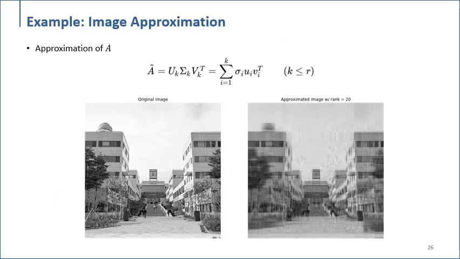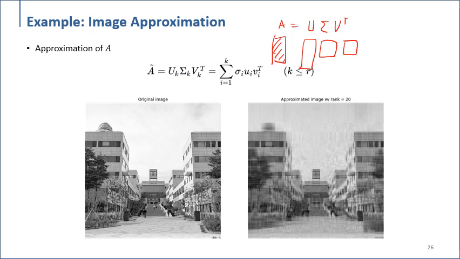Let me rewrite the mathematical way of low-rank approximation, or dimensional reduction, using singular value decomposition. As we learned from the previous slide, the matrix A can be decomposed using U, sigma, and V transpose.